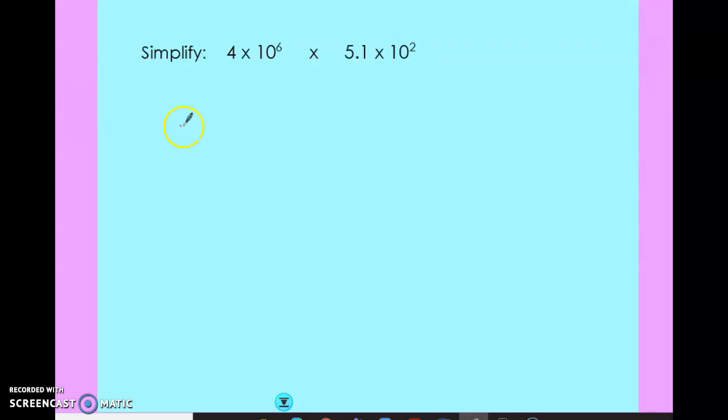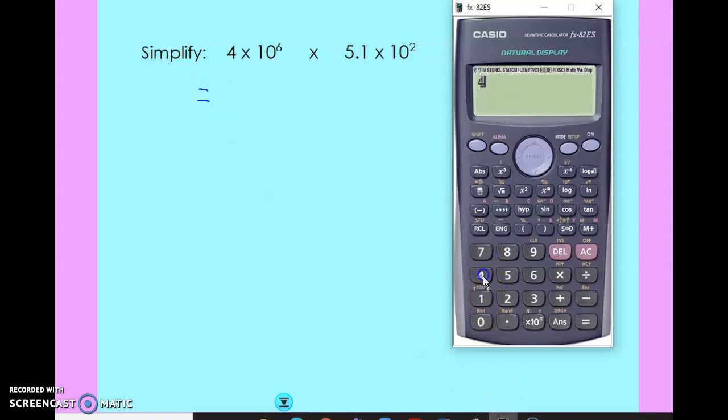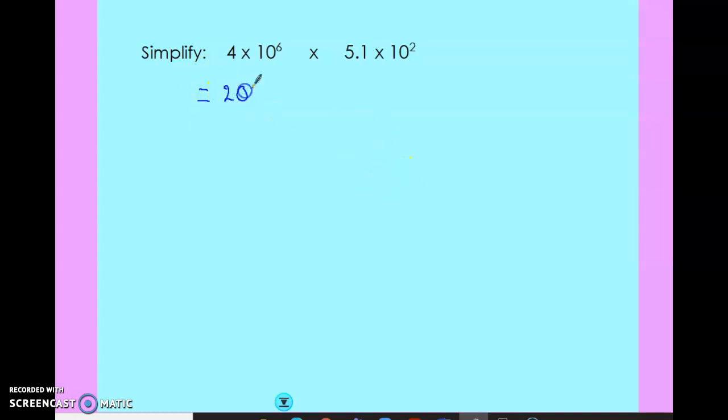The next one, 4 times 10 to the power of 6 times 5.1 times 10 to the power of 2. Again, just a case of typing it into a calculator. 4 times, sorry, wrong button, distracted there by my dog. 4 times 10 to the power of 6 times 5.1 times 10 to the power of 2 equals, and I get, and this is why I hate this because as soon as I start writing this disappears, I get 204 with 7 zeros after it.